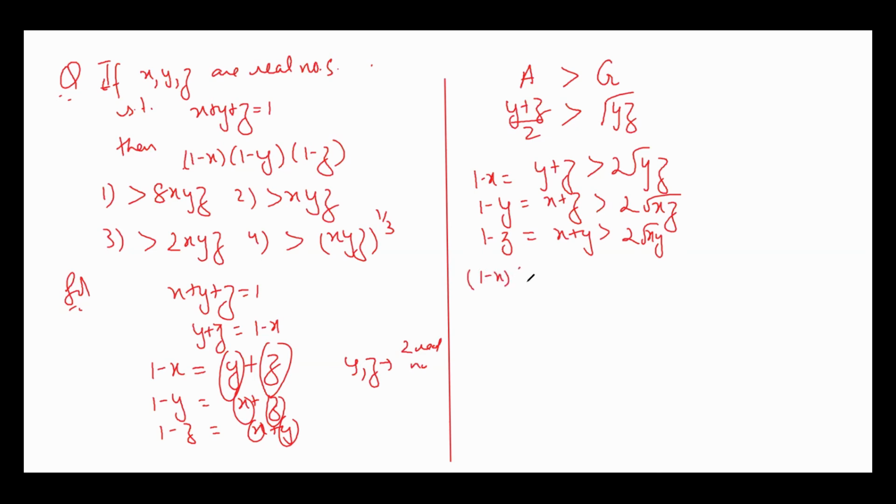Now, what I get from here? That this is equal to 2 into 2 into 2, 8, and root x into root x is x, root y into root y is y, root z into root z is z, so the answer is the first option. So this is how we do this. A few more questions. Now look at this question.